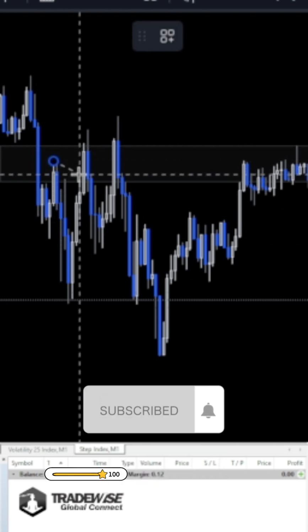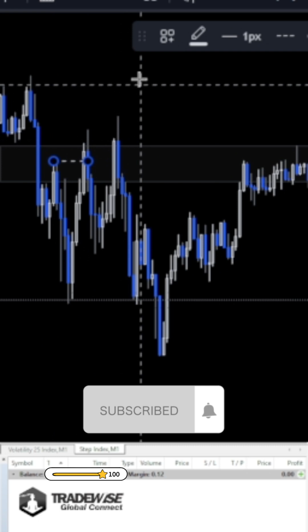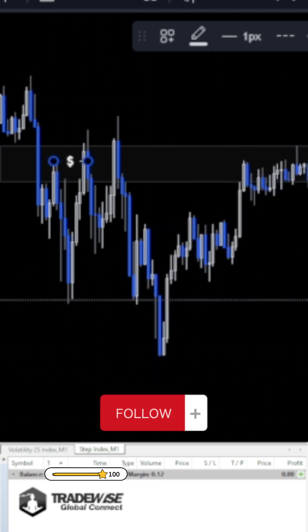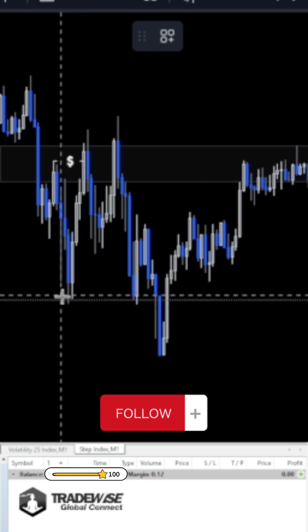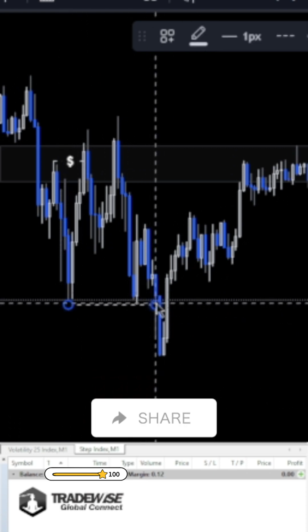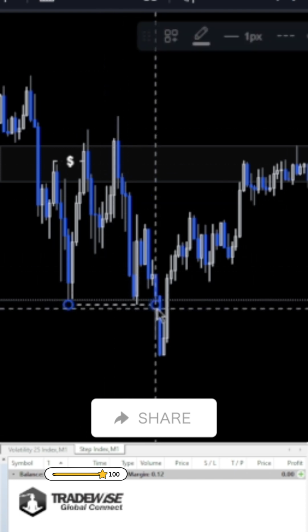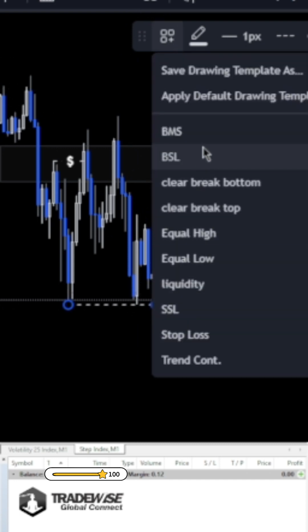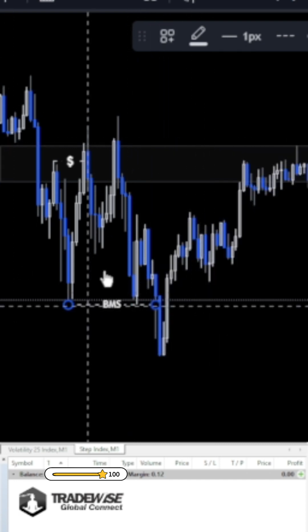So that's liquidity taken, liquidity grabbed, and then we moved on to break the lows here. Because of that liquidity grab, I will be considering this movement here to be my break of structure. So I'll take that as break of market structure to the downside.